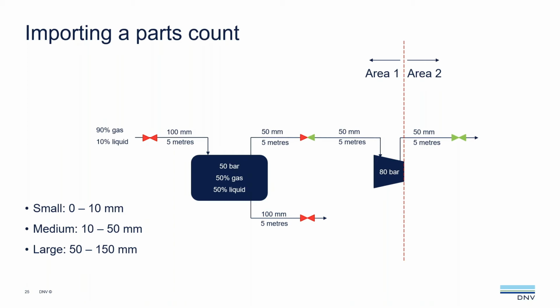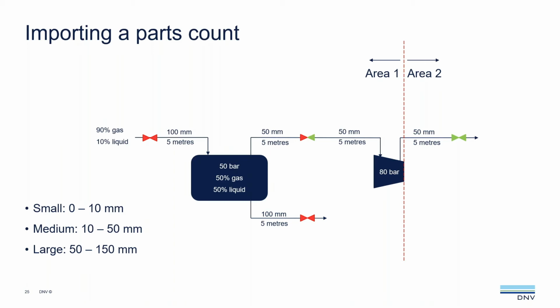Also on this facility, there are two main process areas, Area 1 and Area 2. Everything to the left of the red dashed line is located in Area 1, and everything to the right is located in Area 2. Within the leak software, we're able to assign the equipment to different areas, and we're able to sum the leak frequencies at the area level.